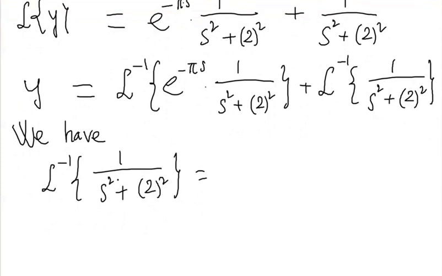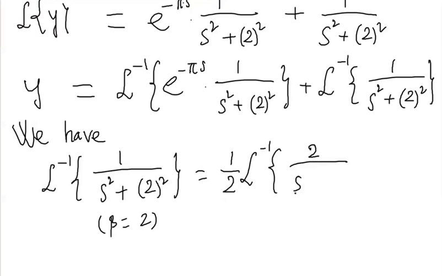We use a formula for sine of beta x, where beta is 2 here. So we could rewrite like this, because in the formula for sine of 2x, or beta x, we should have beta in the numerator. So it should be 2 here over s squared plus 2 squared.